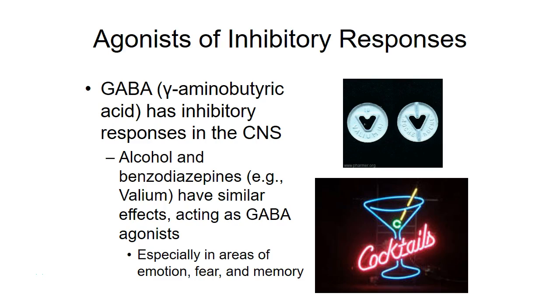All right. So some agonists here. So here, GABA, remember, is a major inhibitory neurotransmitter in the brain. And there's a few molecules that have similar effects, so they act kind of like GABA mimics, right? Agonists. So alcohol, PCBs, benzodiazepine act somewhat as agonists of GABA. And so does that mean that we are pushing down the brake pedal or the accelerator?